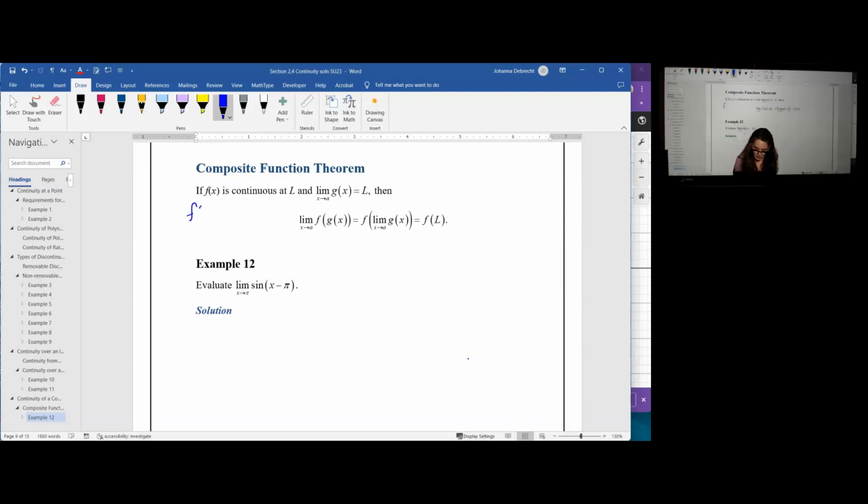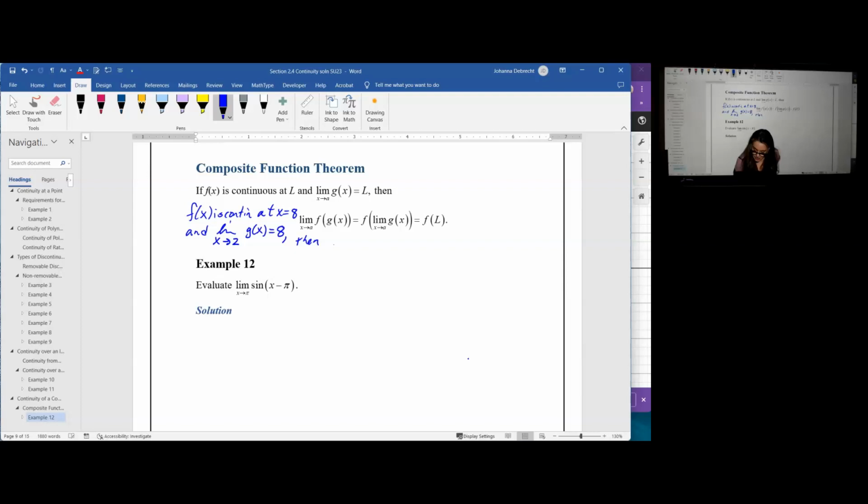Suppose f of x is continuous at x equals 8, and the limit as x approaches 2 of g of x equals 8.